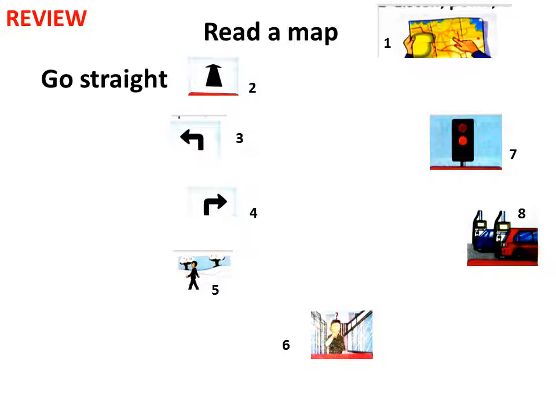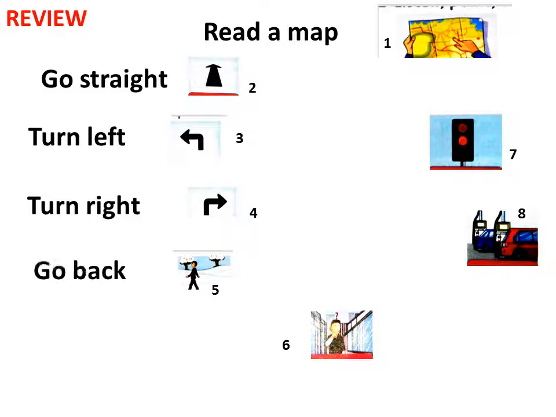When we are in traffic, we can see the signpost like this. What does it tell us to do? Turn left. Good. What about the signpost in figure 4? What does it tell us to do? Turn right. Good. Let's move on to picture number 5. Tell me where the man is going.